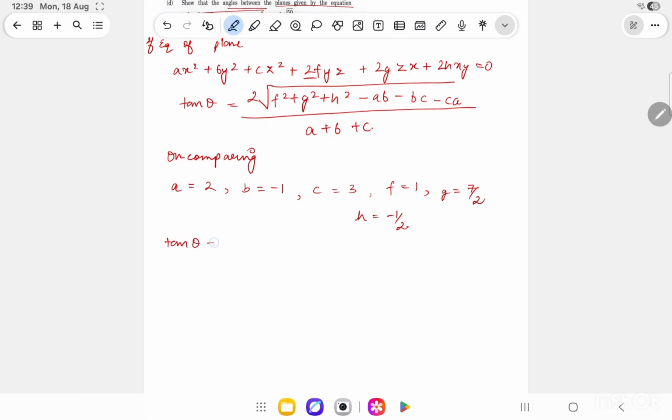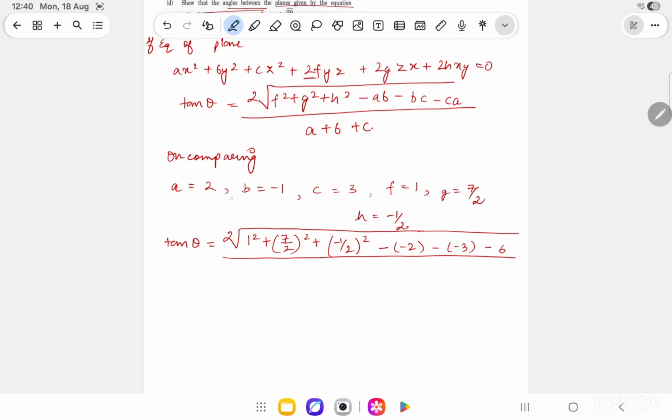So tan theta equals to 2 under root f square, which is 1 square, plus g square, 7 by 2 square, plus h square, which is minus 1 by 2 square, minus ab, so a into b is minus 2, minus bc is minus 3, and minus ca is 6, divided by a plus b plus c, that is 2 plus minus 1 plus 3.